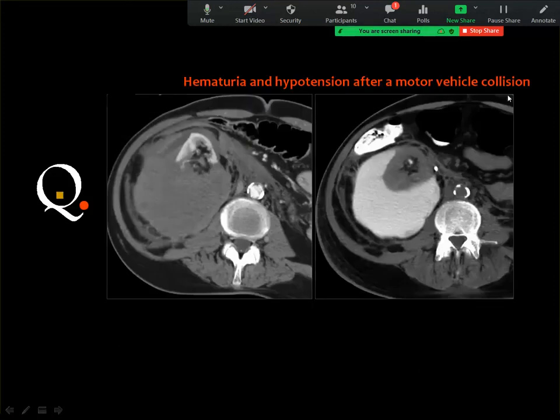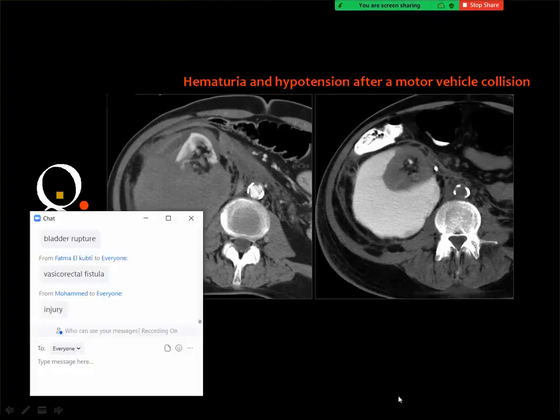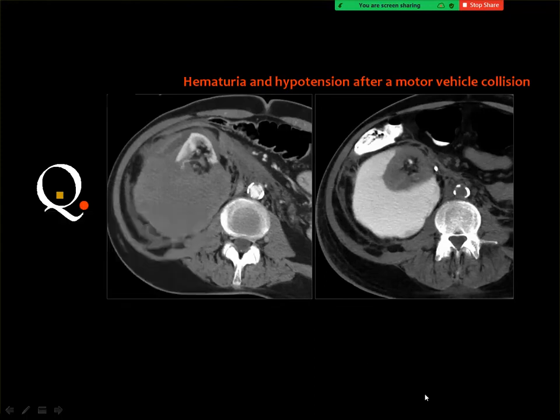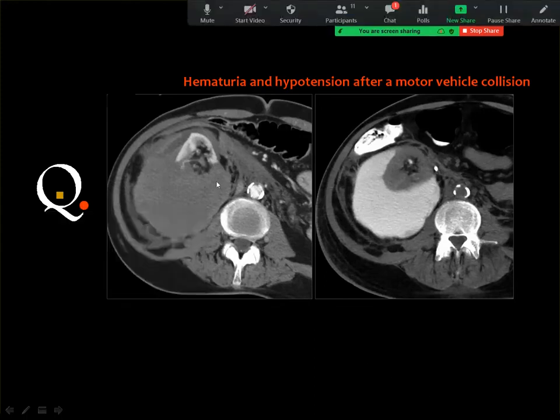Then this patient presented by hematuria and hypotension after an accident. Okay, then this is renal laceration, and the laceration has been complicated by injury of the pelvicalyceal system with leakage of the urine and the blood in the perinephric space.